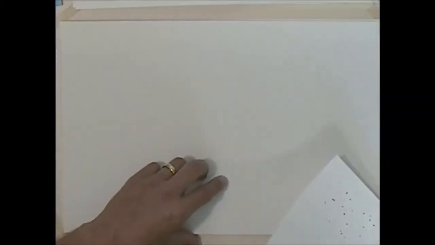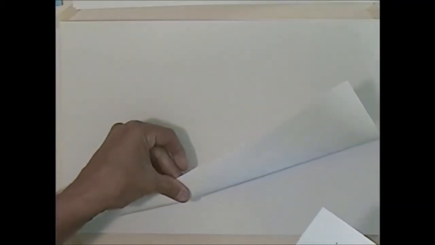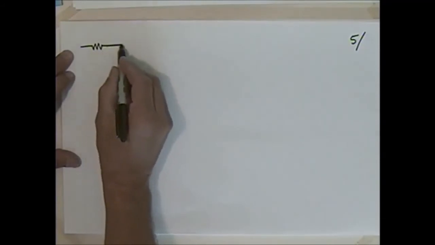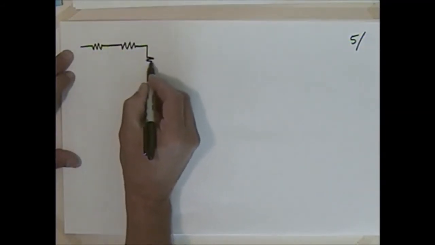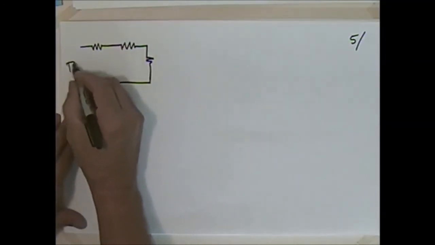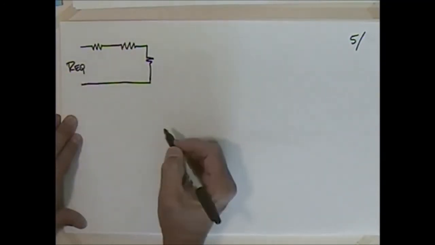Okay. Well, the question comes up, maybe I'll start a clean piece of paper here. What happens when I add resistance in parallel, or what happens when I add resistance in series? So let me look at that. So I'll take an example, put some resistors in here, and talk about the equivalent.